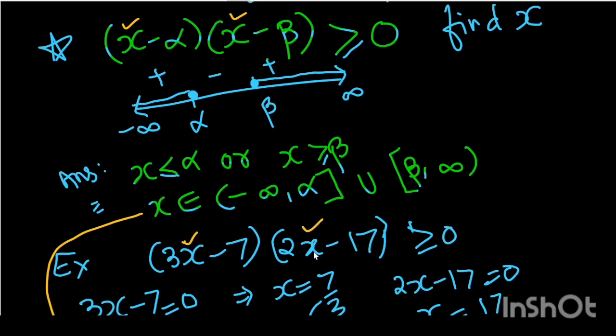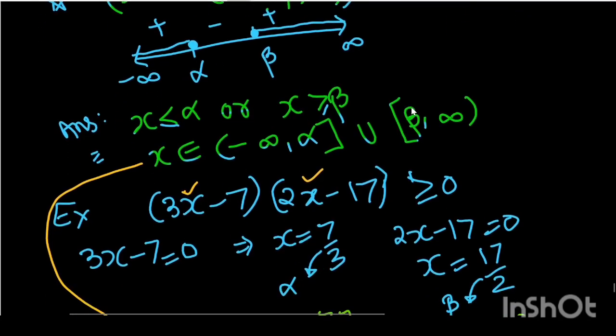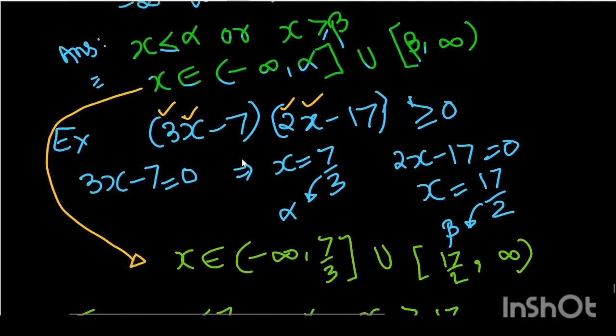So what I want to emphasize here is this is valid when the coefficient of x is positive. Even if it is not 1 and it is something else, doesn't matter. So here the coefficient was 3, here it was 2, still we can use this formula, and that's why we use this formula in this.